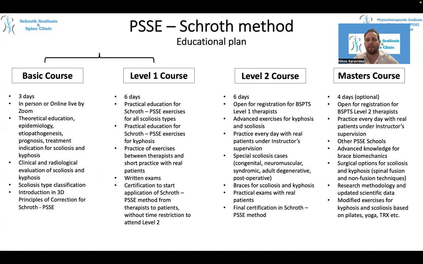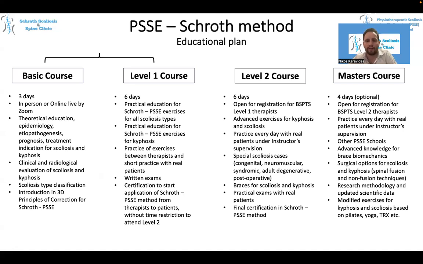So the therapists that have already done level 1 at Barcelona Scoliosis Physical Therapy School can come to level 2, but there will be 2 different level 2 courses. One level 2 course will be for those that have already started with basic level 1 with our school, and there will be another option for those that have been certified as BSPTS level 1 therapists, and they can then come to the level 2 course, and then they can go to the next level. But of course, for them, they need more education to understand a lot of differences between our school and BSPTS.